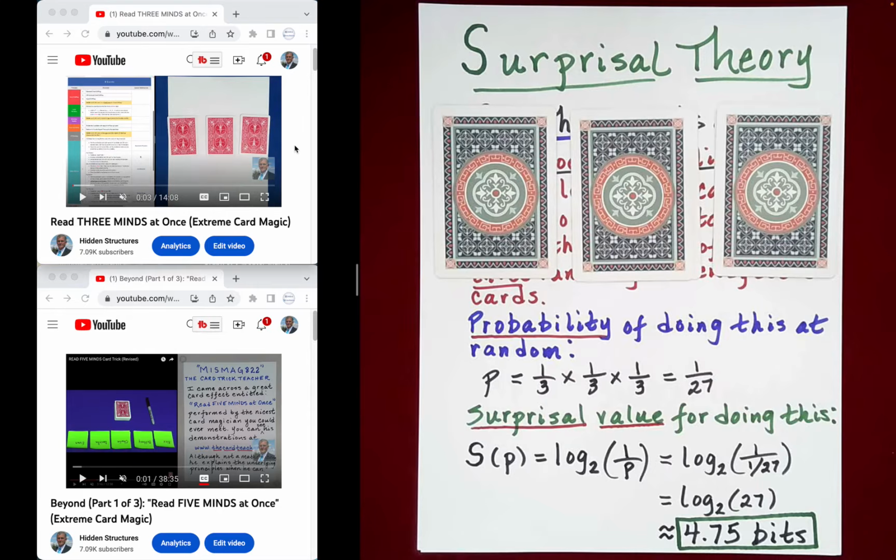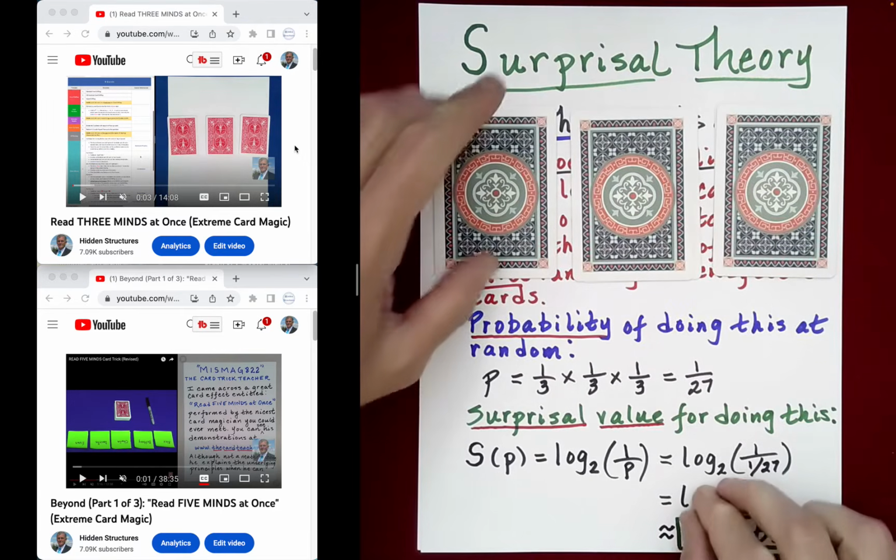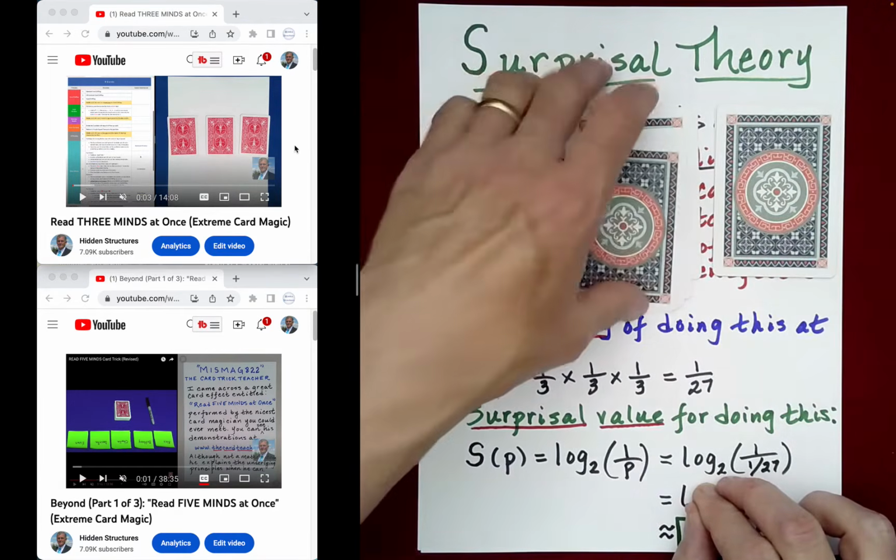And then the coins land and bounce around on the table and eventually settle down. And guess what? All 5 coins are face up. So that is the degree of surprise associated with this first performance. So that's read 3 minds at once.